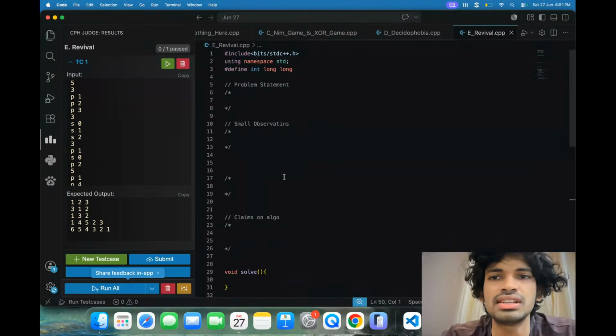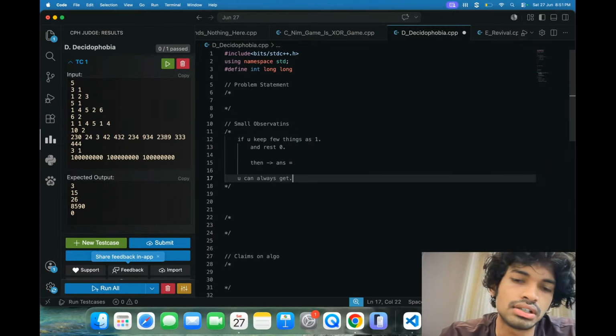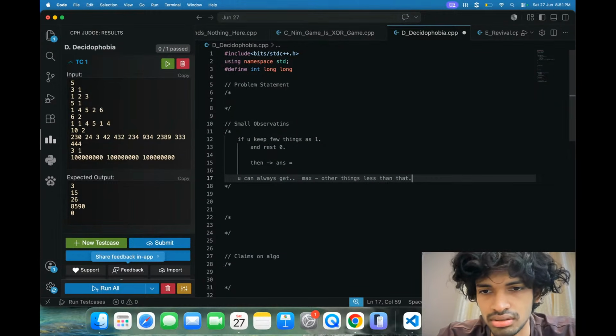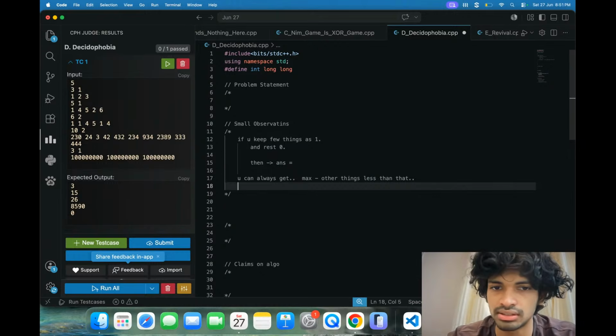One value you can obviously always get is max minus other things less than that. And if you have multiple maxes, then maybe you can keep all the maxes as 1 and just keep all the remaining things as 0.